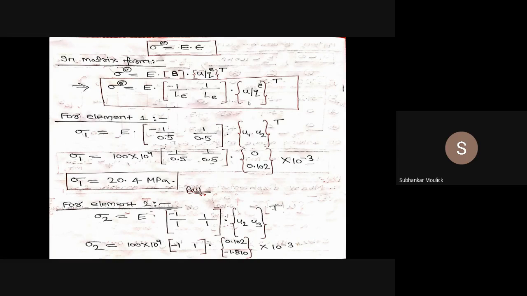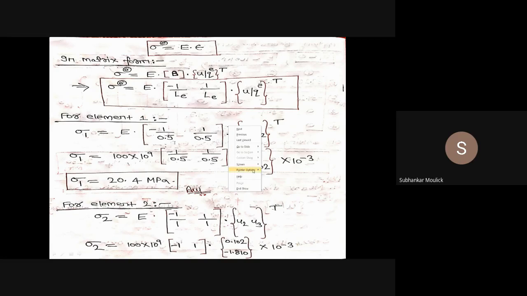Displacement of node 1 and node 2, that means u1 u2 transpose. Fine. So E we can substitute as 100 into 10 to the power 9, matrix minus 1 upon 0.5, 1 upon 0.5. Then in column matrix, u1 is 0, u2 is 0.102. If you want to convert it into meter, into 10 to the power minus 3.